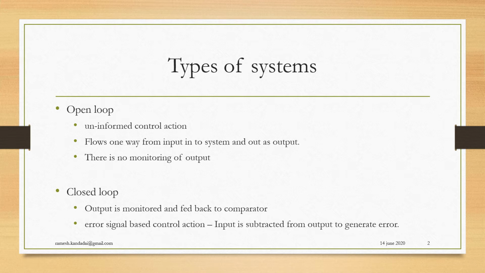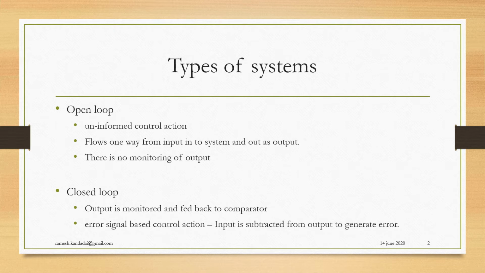The second is a system where once you apply the input, you sample the output to know its condition, and then you compare that output to your specification of what is required at the input level. And by comparing the two, you generate an error signal or a corrective action so that the system is guided back to where you want it to be.